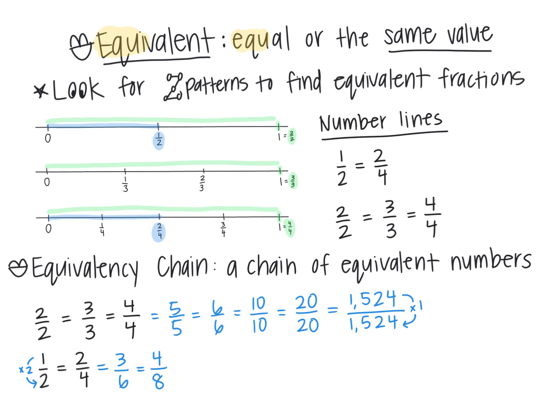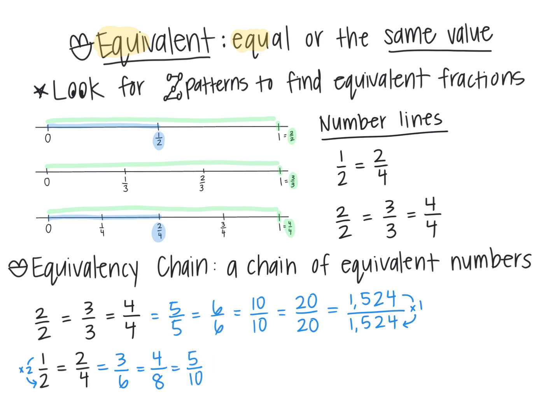There are other patterns here too. You notice on the top it goes 1, 2, 3, 4. Let's do 5 for the next one. And let's count on the bottom. 2, 4, 6, 8, 10. Let's see if that's right. Is 5 half of 10? Yep. Is 5 times 2 10?